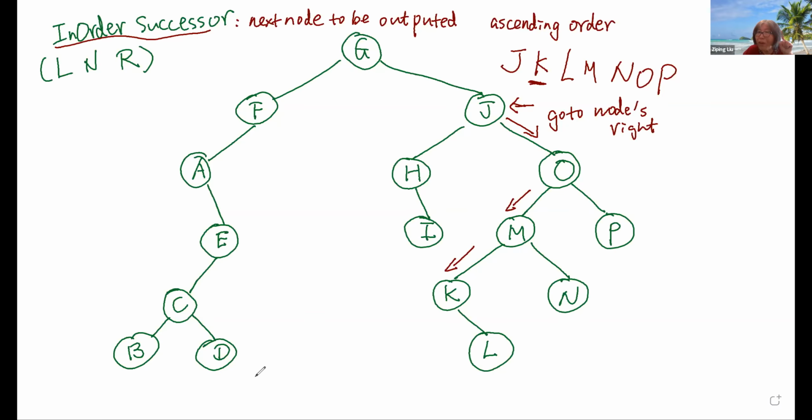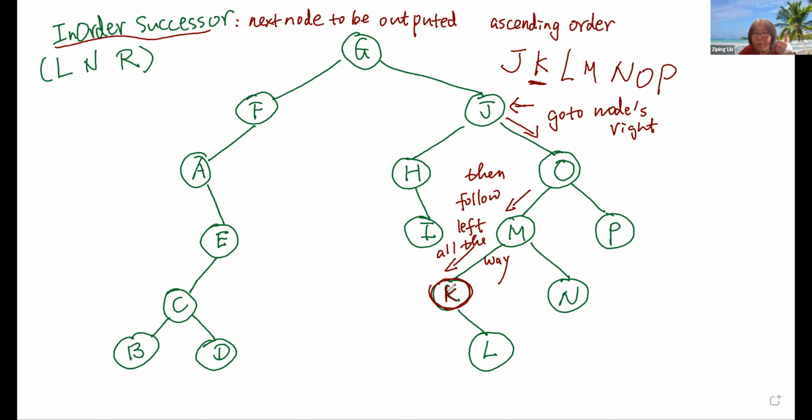Always follow the left, all the way until you reach the node that has no left. That's going to be next visited. Then we know it's node K. That's this node.